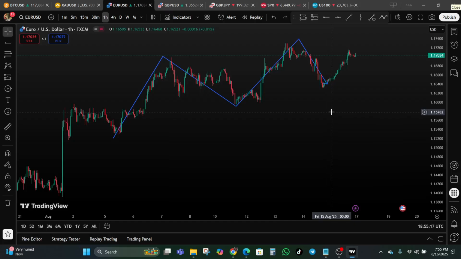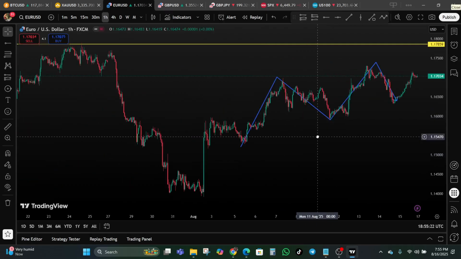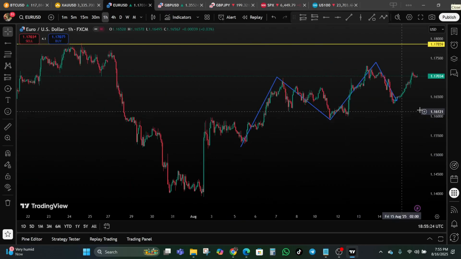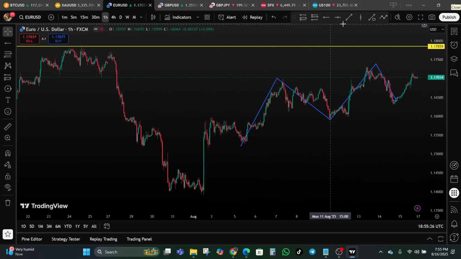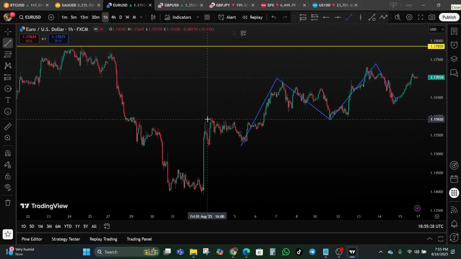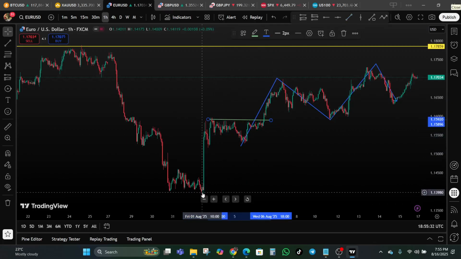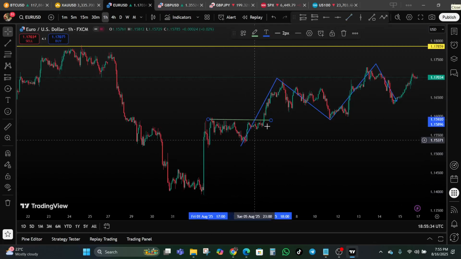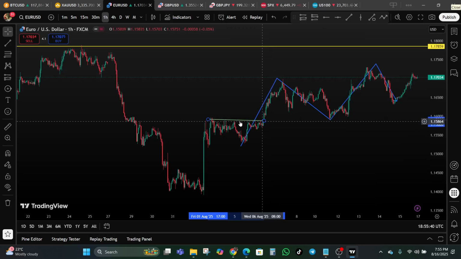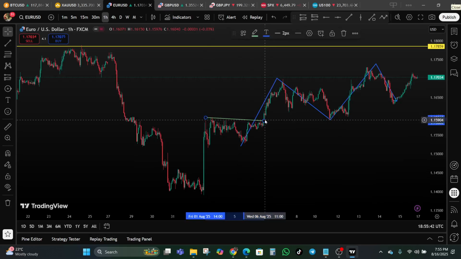But no matter how clean a setup looks, you need confirmation. Okay, you always need confirmation. For example, we had a break of structure around here, right? Higher high. You can see this is a low, this is a high, right? This is a low, this is a higher high. So this move broke above this particular high. So as a result of this break above this particular high, we had a break of structure.